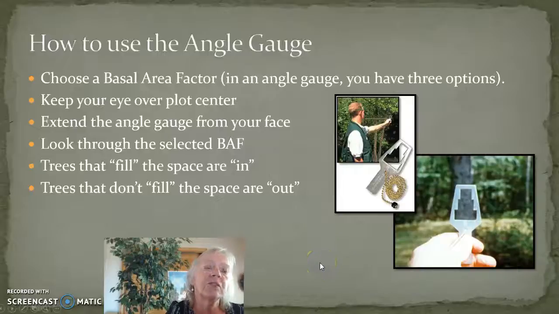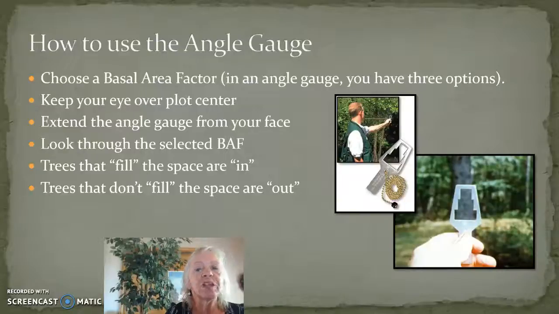you first choose your basal area factor, which we choose 10, which is right in between here and here of this angle gauge. And then you keep your eye over the plot center and then extend the angle gauge from your face.